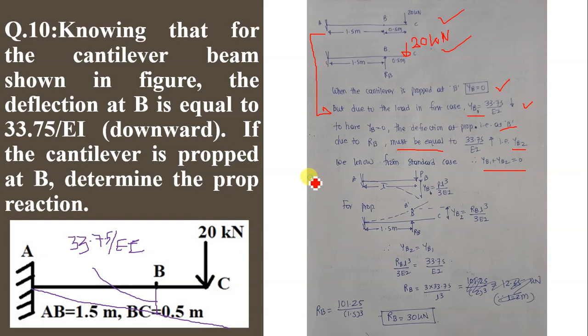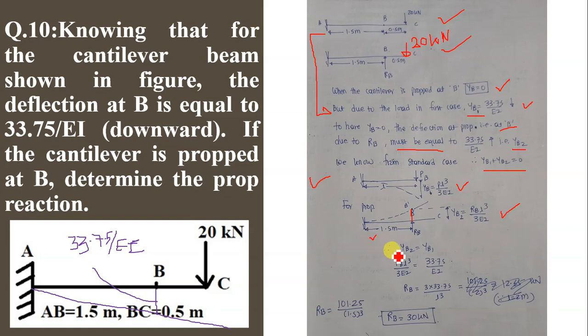Now here we will use the standard case. When a cantilever is carrying a point load at its free end, the deflection is equal to PL cube upon 3EI. Now let us consider the prop only. I am not considering the 20 kilonewton load. This prop is applied at B and this is YB, equal to PL cube upon 3EI. Replace P by RB and L is equal to 1.5 in our case.